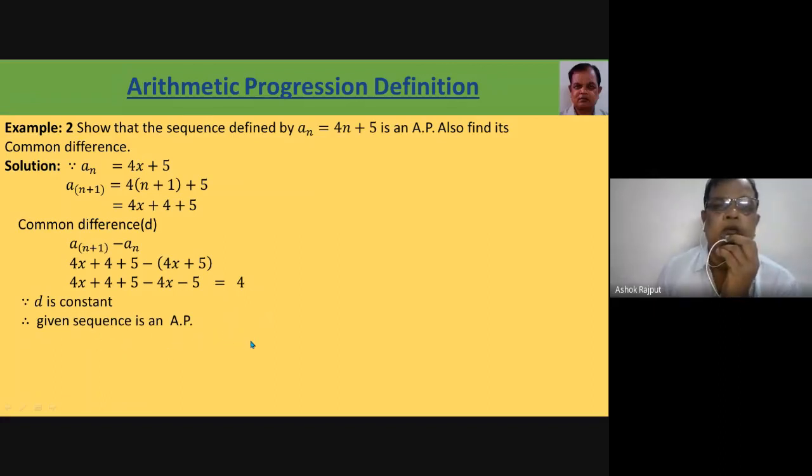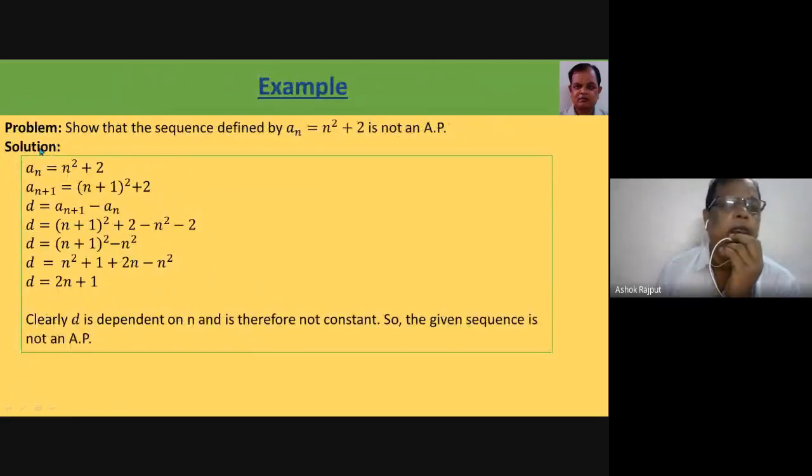Now we go to the next. Show that the sequence defined by an equals n square plus 2 is not an AP. As an is given, an equals n square plus 2, we want to find the next term also.